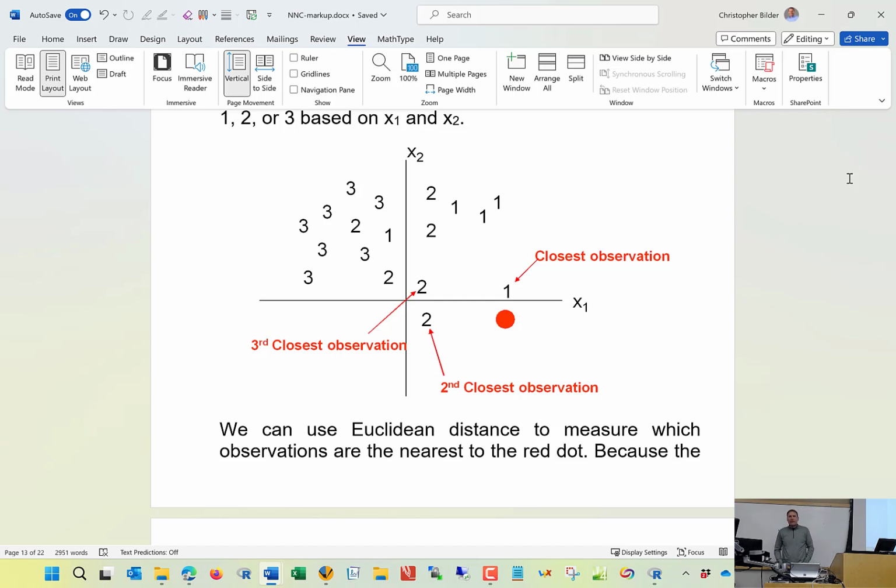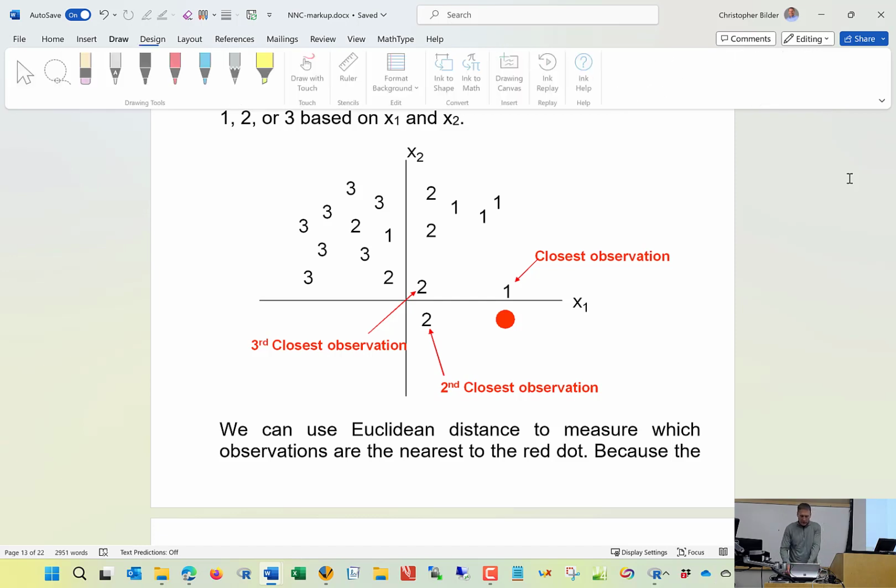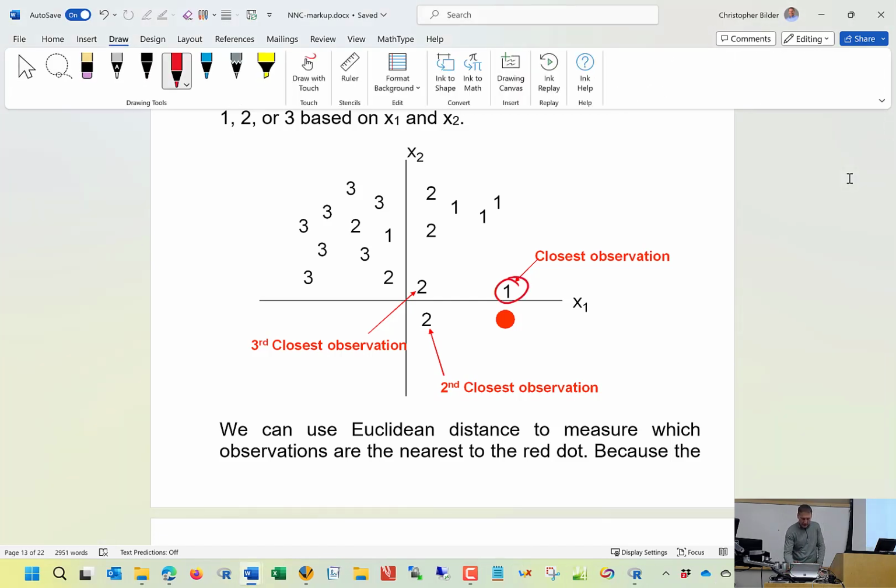If we say that we want to use k equal 1 nearest neighbor, we look to see which of these observations is closest to the red dot. We have one observation, and it happens to come from group number 1, that is the closest. And so therefore we say this red dot is predicted to be from group 1.